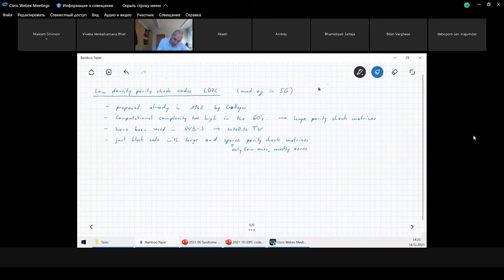The decoding is done typically iteratively, which makes it a bit more difficult. But we will see how this actually works.